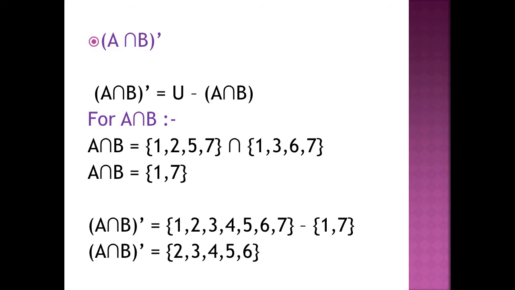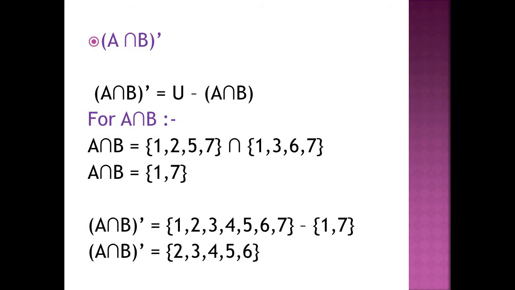Now we will find the value of (A intersection B) complement. (A intersection B) complement is equal to U, {1, 2, 3, 4, 5, 6, 7}, minus A intersection B, which is equal to {1, 7}. Now we will subtract these two sets. I have 1 in the first bracket and 1 in the second bracket.